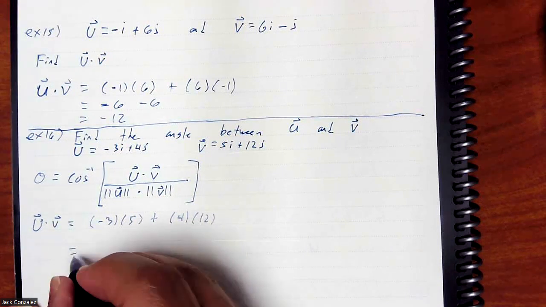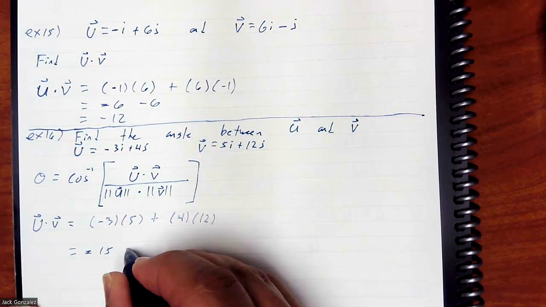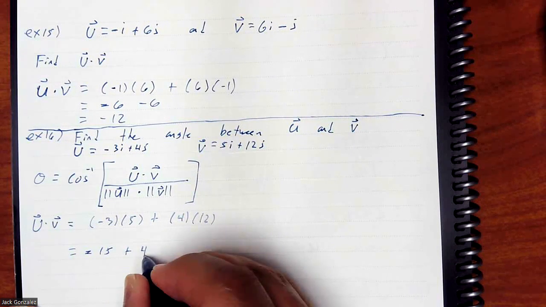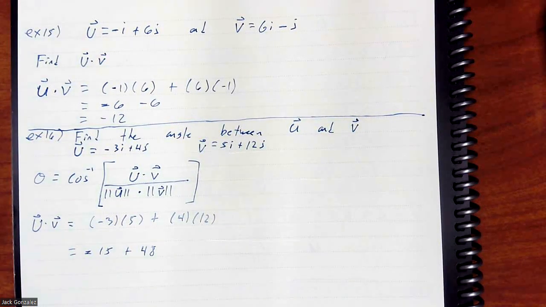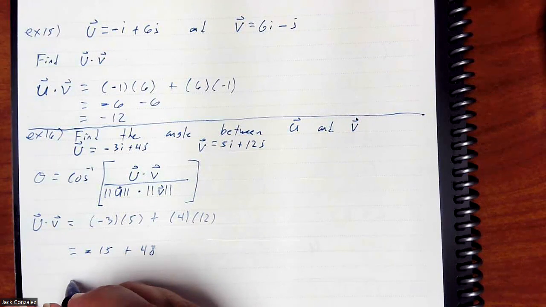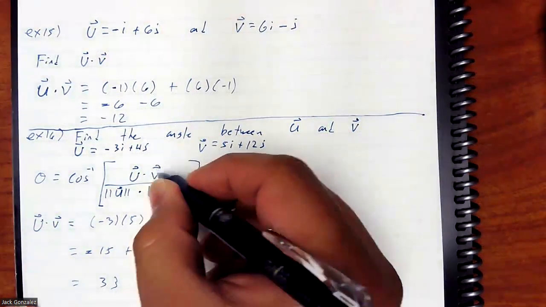We will get negative 15 plus, is that 48? So there it is. 33 will be at the top.